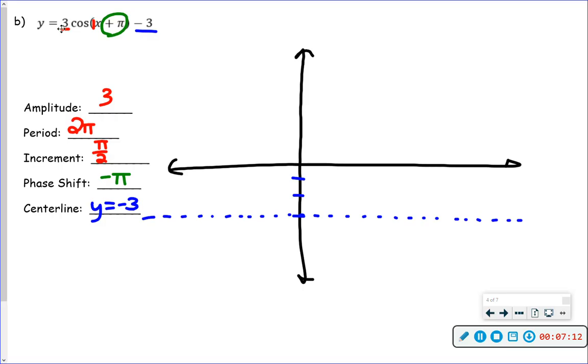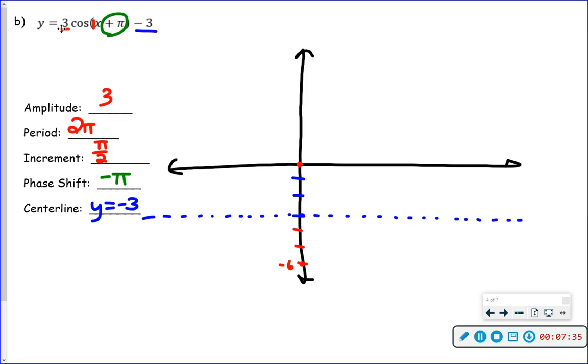Now, from my blue center line, our amplitude is 3, so I'm going to be 3 above that, 1, 2, 3. So here's going to be the highest point of my curves I'm going to draw, then 3 below the center line. So we're going to draw these curves between 0 and negative 6. It's moved down to the bottom. So there is the transformation down 3. That's going to cover that.